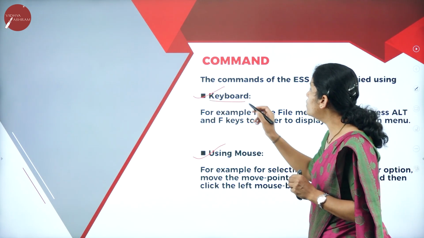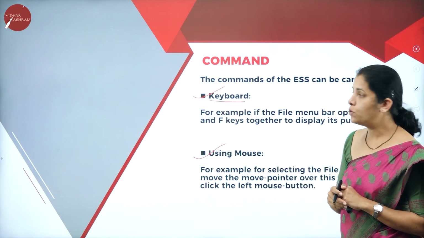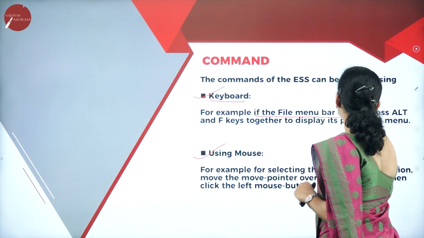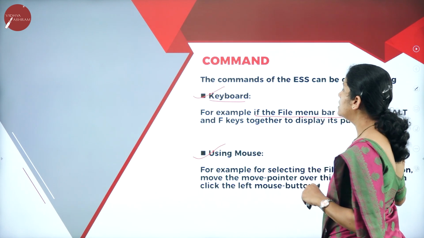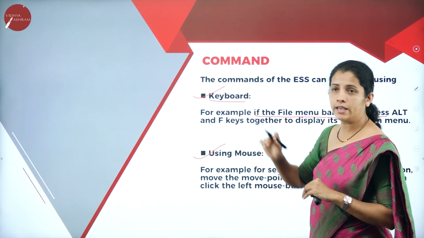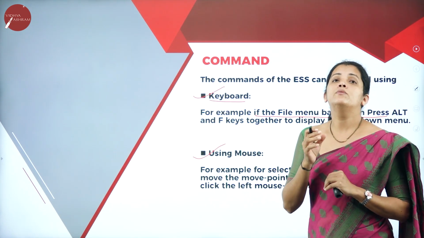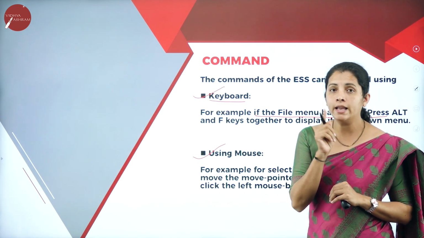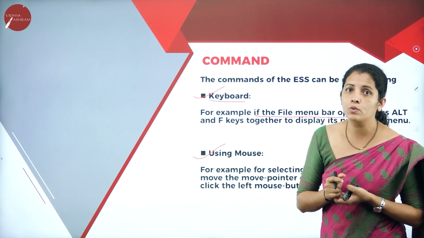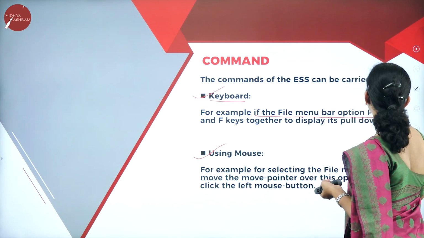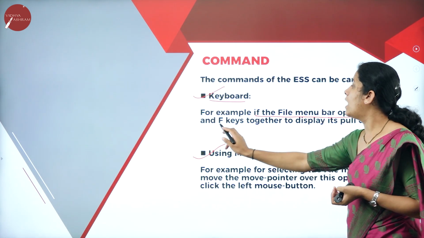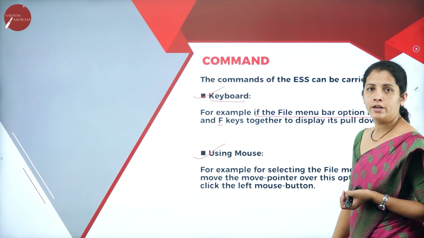Suppose I'm going to use the keyboard, then for the File menu option, press Alt F. That means if you're using the keyboard and want to open the File menu, what is the shortcut key? I'm going to press the Alt key and F key together.